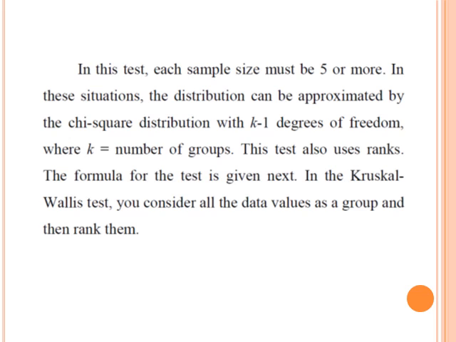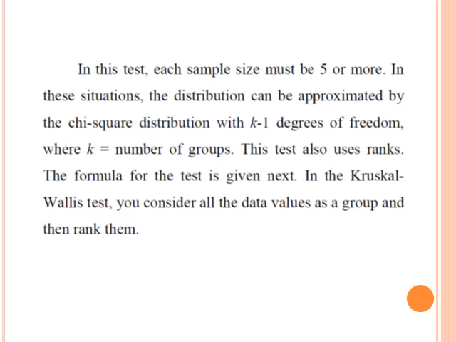So when we get the critical value, the tabulated value for the Kruskal-Wallis test, we use the chi-square table, and we use degrees of freedom k-1, where k is the number of groups, the number of samples that we have, not the sample size.